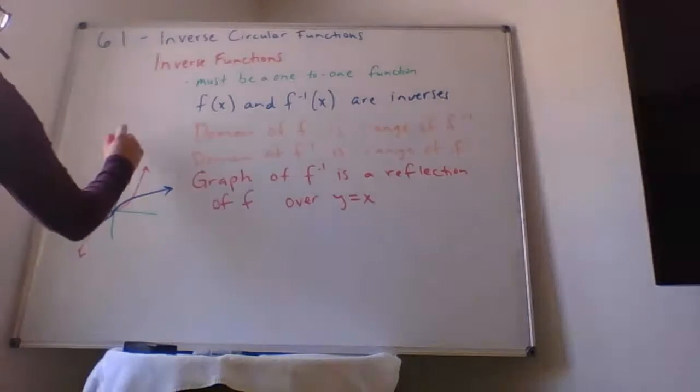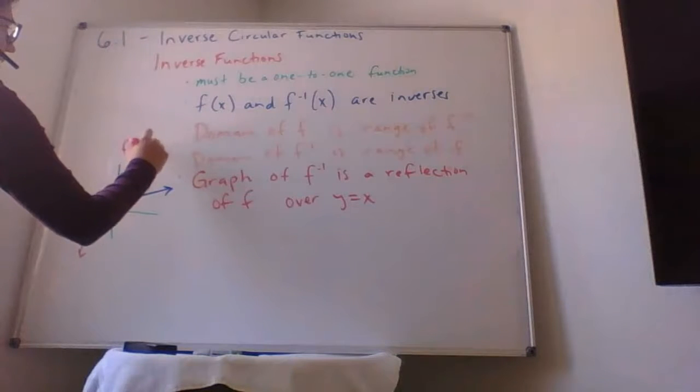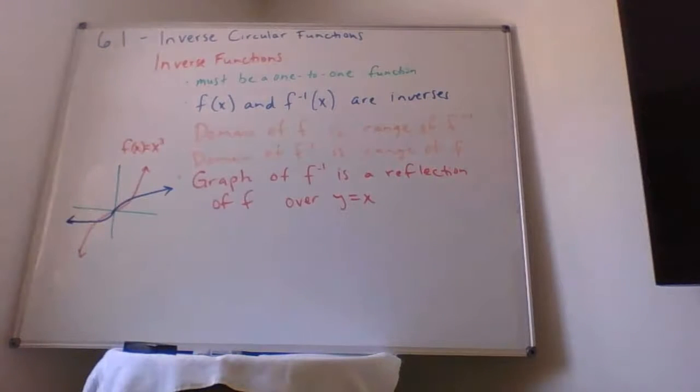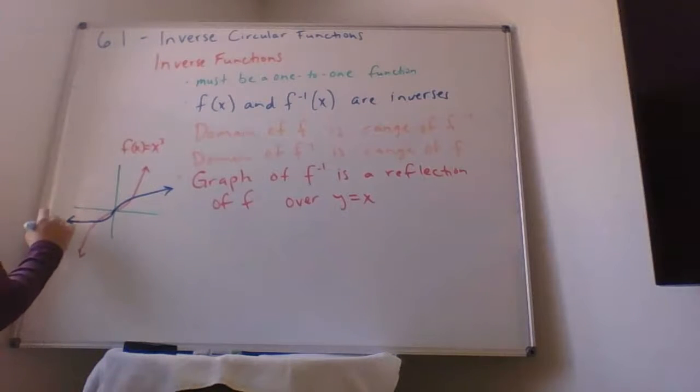So if we look at f of x equals x cubed, the red function here, and then we look at its inverse, which f inverse of x is the cube root of x.